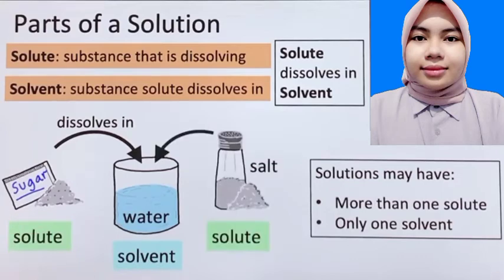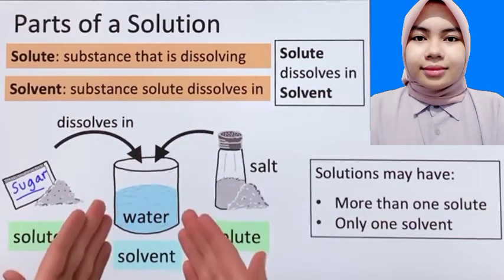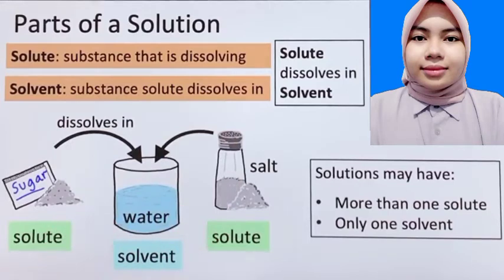Now, a solution can have more than one solute, but it can only have one solvent. So, for instance, we could take some salt, and we could also dissolve that in the solution. Salt would also be a solute along with the sugar. We have two solutes.